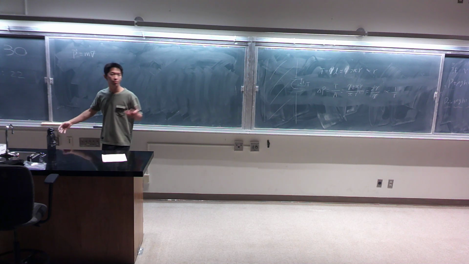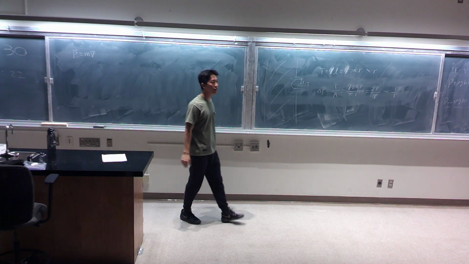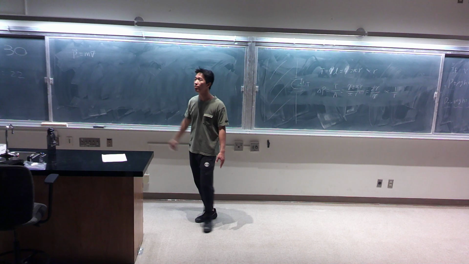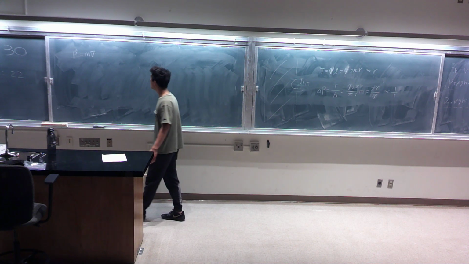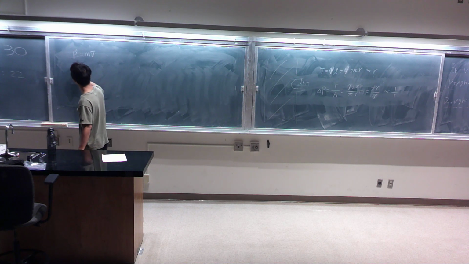So when things are colliding into each other, you compute the initial momentum and final momentum, add them together, and you'll see that it's the same. To change momentum, you need impulse.